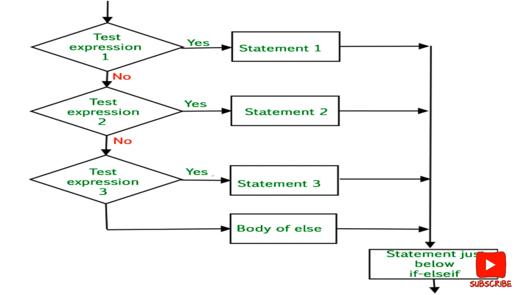Once any of the statements are executed, whether it's statement 1, statement 2, statement 3 or the body of else, the program then proceeds to the statement just below the if-else block, which is the next line of code outside the conditional structure. The structure is important because it allows your program to make decisions based on the conditions you set. It's what gives your code the ability to behave differently in different situations.